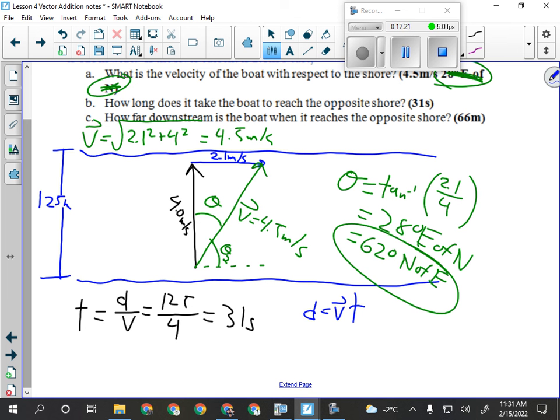This is the only thing that this side and this side have in common: how long the person's in the water for. Because once they get to the other shore, they're not going across or down anymore. So 2.1 times 31 is going to give me my 66 meters downstream.